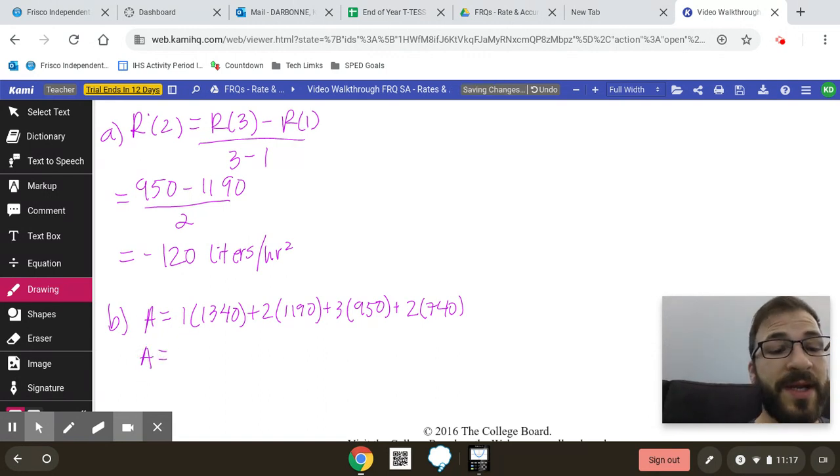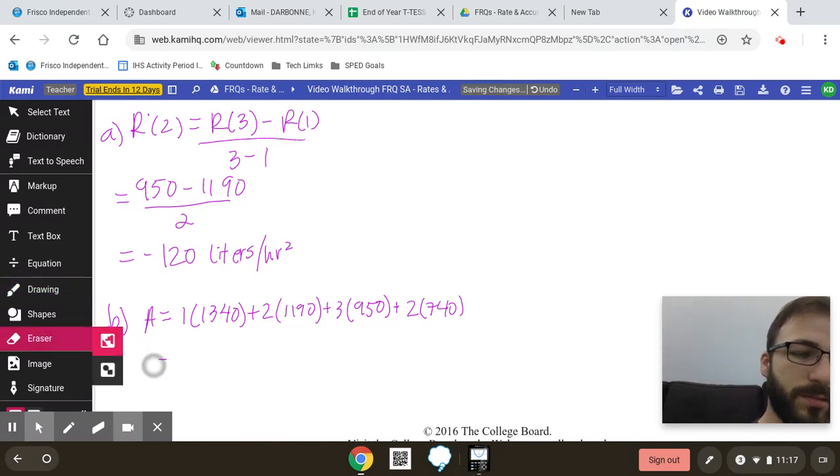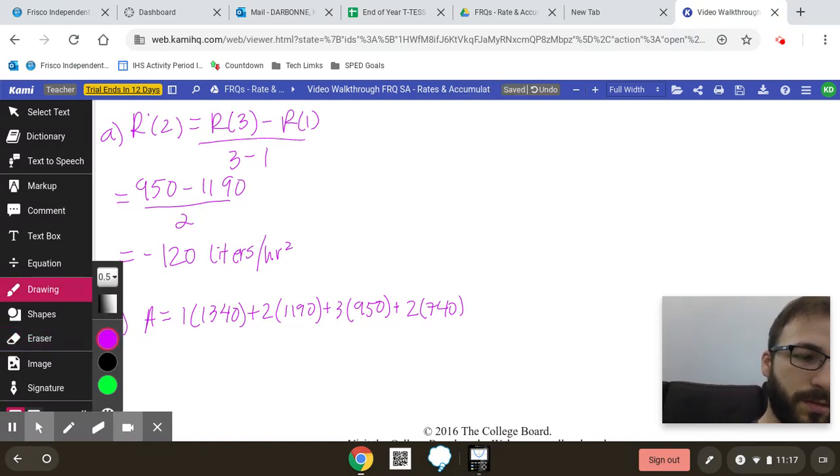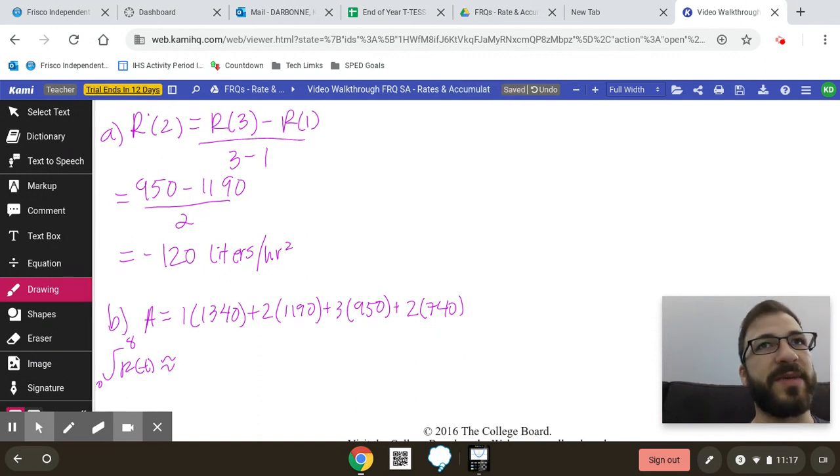Remember, this is estimating the area under the curve, so this is estimating the integral from 0 to 8 of R of T. And use our squiggly equal signs to show that's just an estimation.